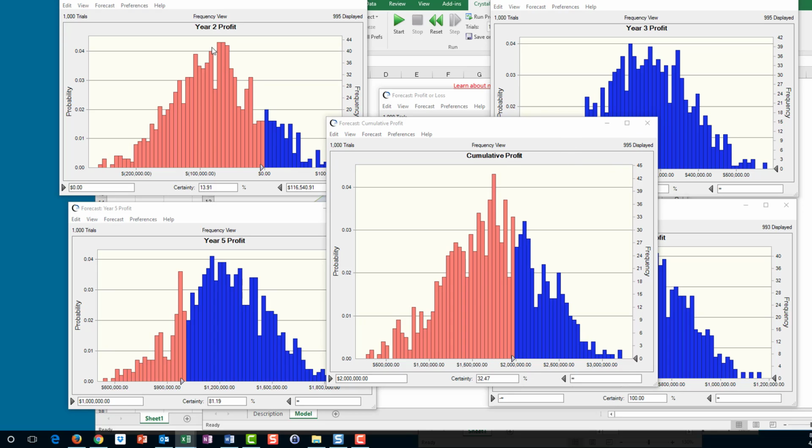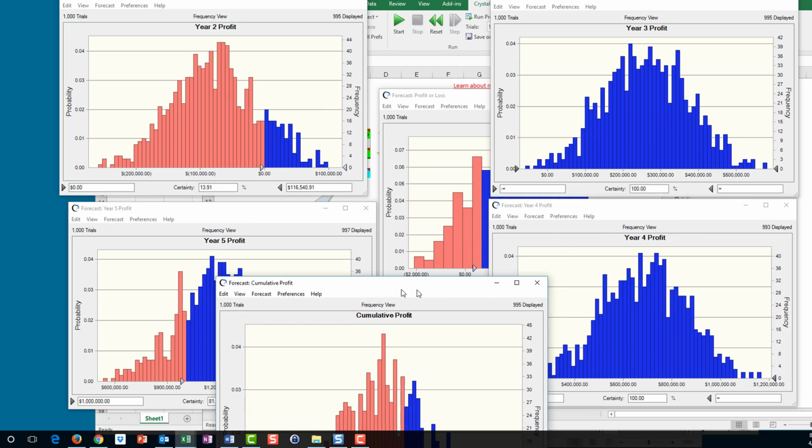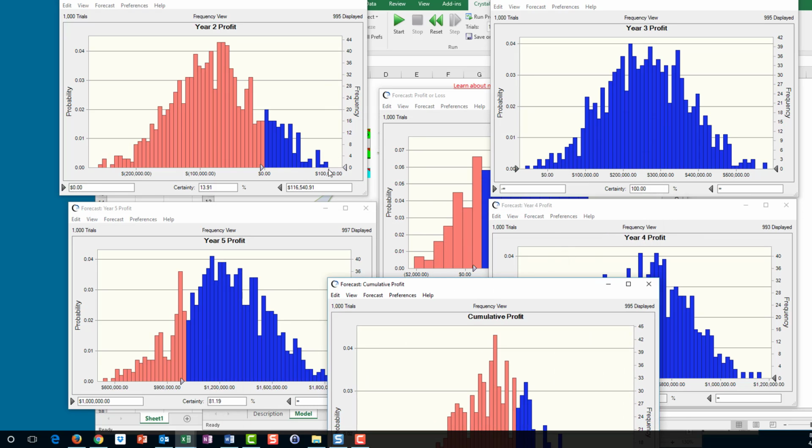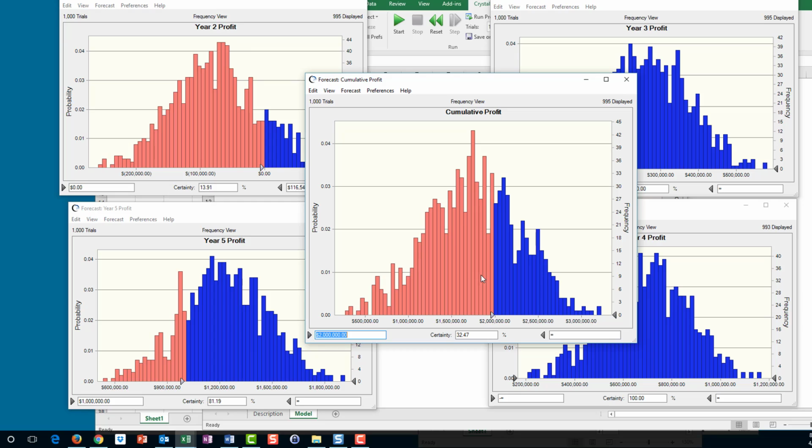Remember, in the second model, you'll have each of the 5 years. And here you can see the histogram for year 2, year 3, year 4, and year 5. And there's the histogram for the cumulative. And I think there's a question about what happens in year 2. And then there's a question about how much money do we make in the cumulative. And so you would use that particular histogram to answer the questions.